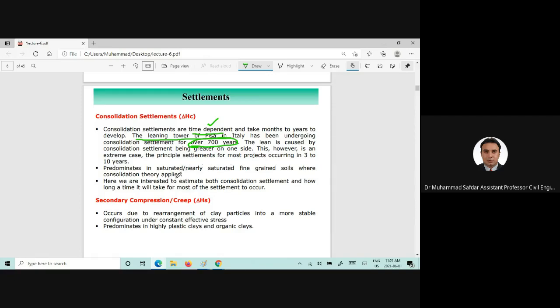And consolidation settlements predominate in saturated, nearly saturated fine-grained soils. In consolidation settlement, we are interested both in the magnitude of the settlement and the rate at which it is occurring.